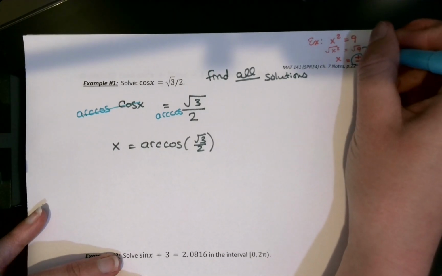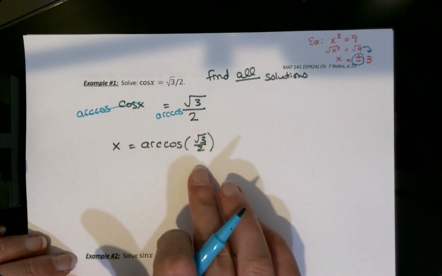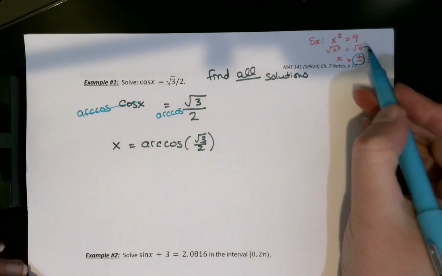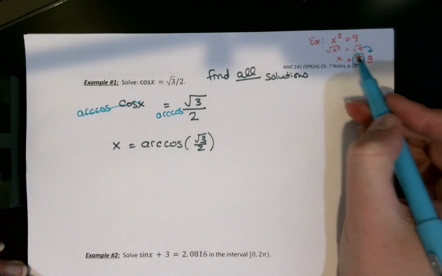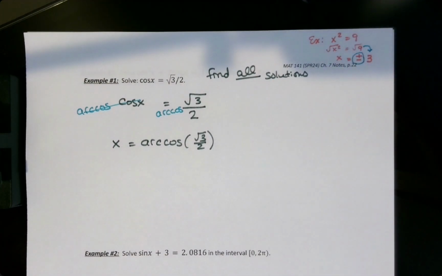It's something that I have to remember to do when I take a plus and a minus. So I wanted to get that in our mind as I'm thinking about what the answer to x equals the arc cosine of the square root of 3 over 2 is. The square root of 9 itself is just 3, but by applying the square root to both sides, I have to insert plus and minus myself. So I have to find the additional solutions myself.